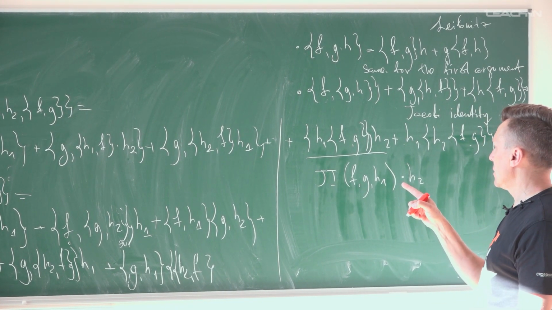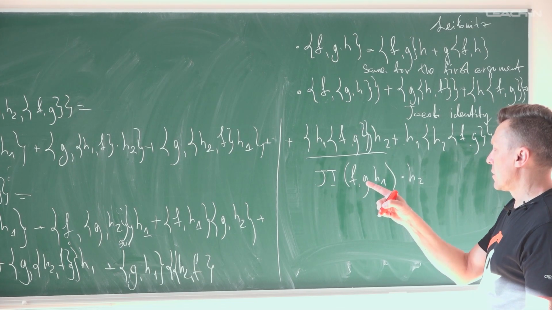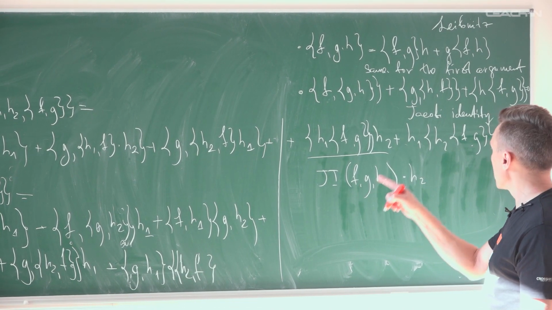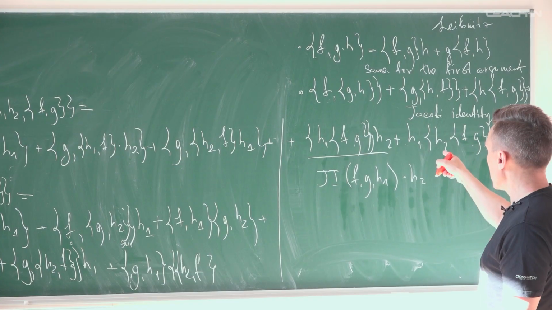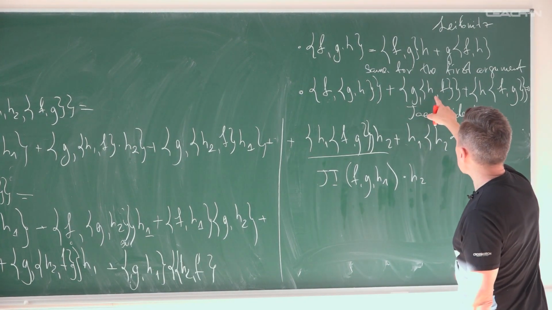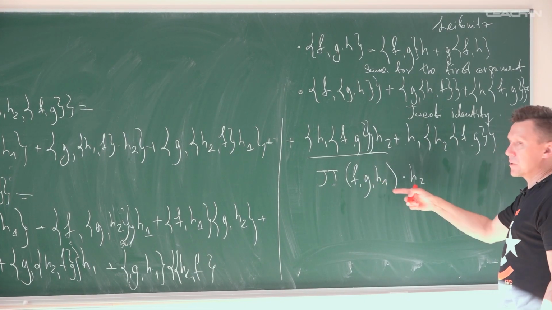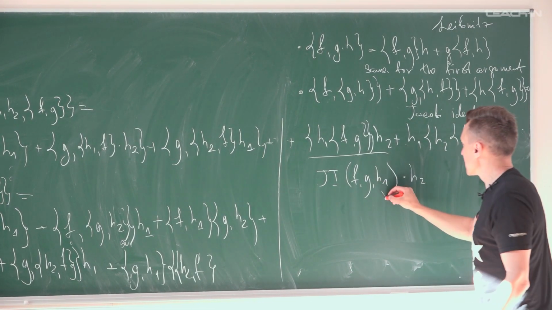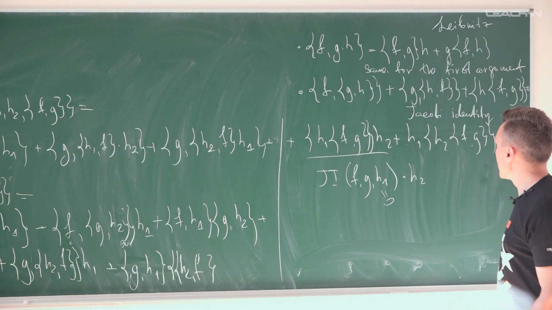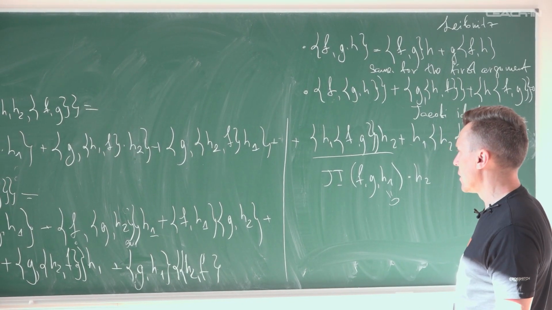So it's the Jacobi identity for this set of functions f, g and h1. So it is equal to 0. It is multiplied by h2, but it is not dramatic.